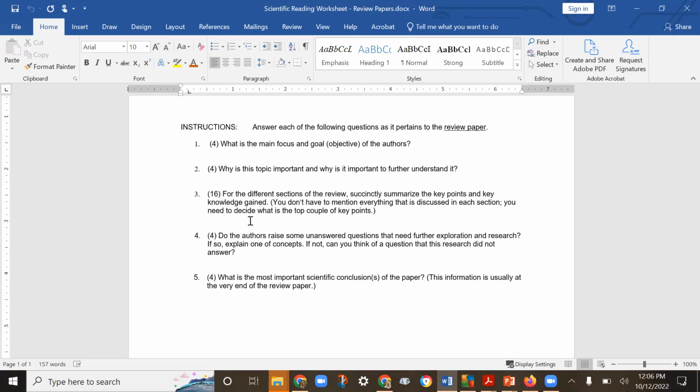They usually have a section at the very end of the paper where they'll talk about conclusions or future studies, something like that, where you can pick that information out. Questions? Okay.